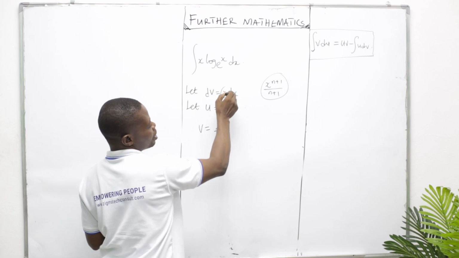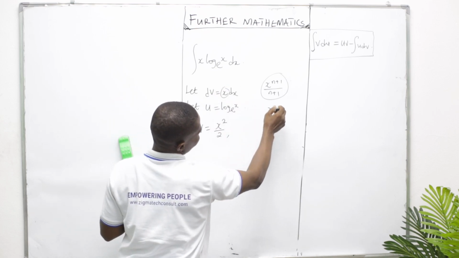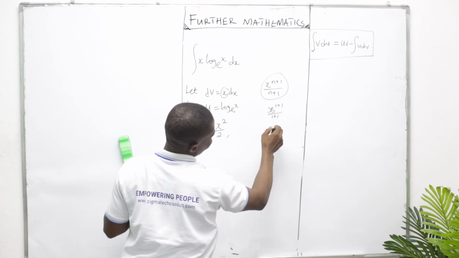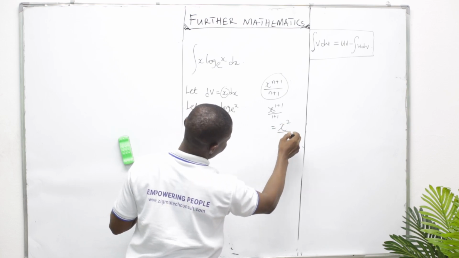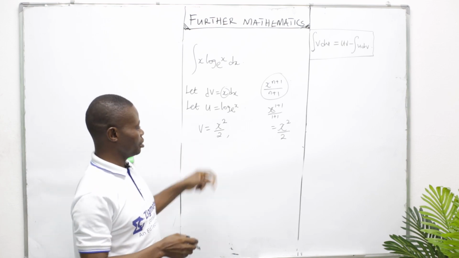Now, if this is x, the power is what? 1, meaning x power 1 plus 1 all over 1 plus 1, which is equal to x raised to the power 2 all over 2. That is the integral part.